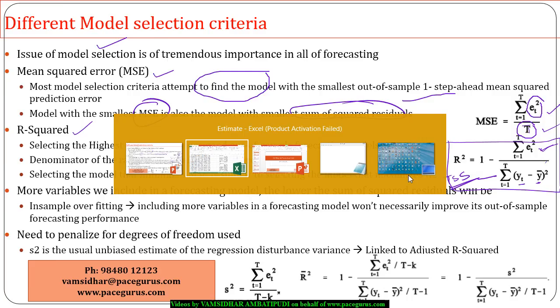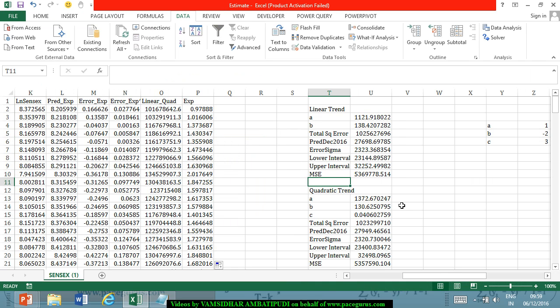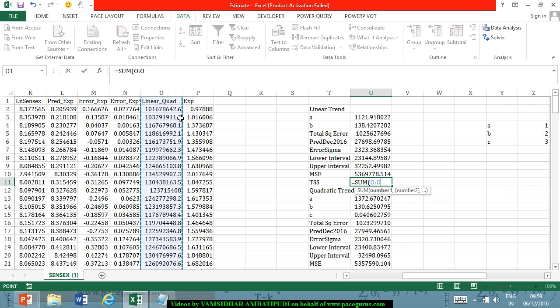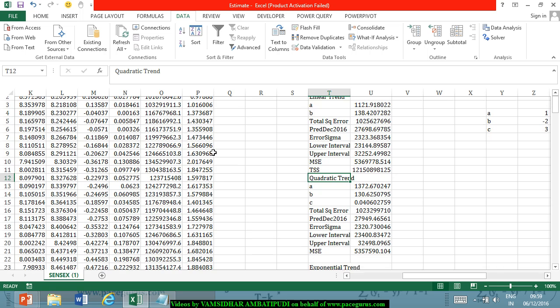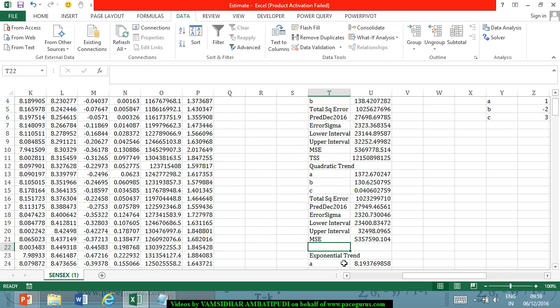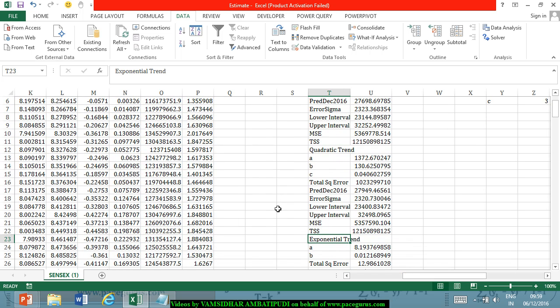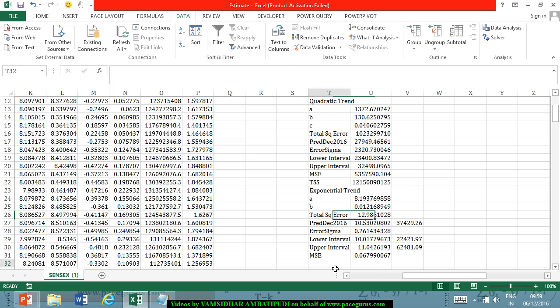So I will take the total sum of squares as one more thing, the TSS, where I am taking the summation of this out here. Here also, when I am going with the total sum of squares, again it would be the same thing. Each observation I have subtracted the mean from it. So the total sum of squares is going to be the same here as well.